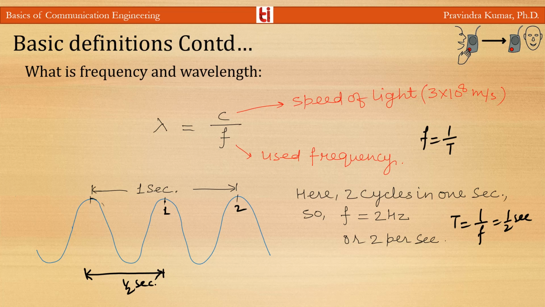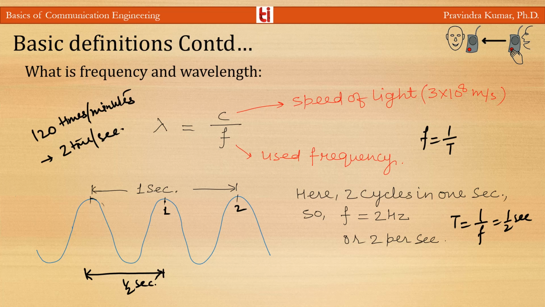Just like a newborn baby's heartbeat is at a frequency of around 120 times per minute, here you can see it will be 2 times per second. So the frequency is 2 hertz and the time period, the interval between two beats, is half a second.